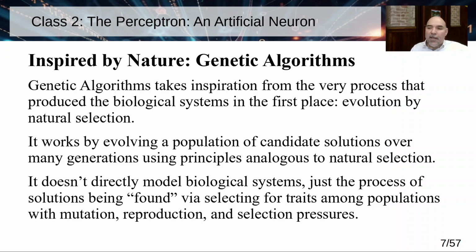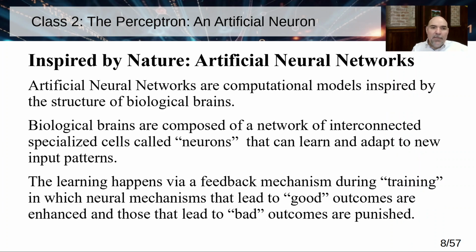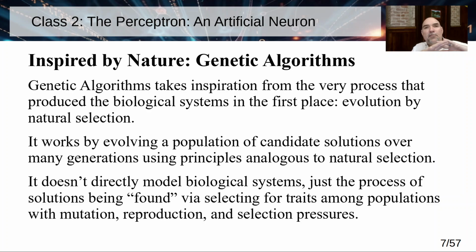pressures. So the concept here is that you start off with a bunch of random candidate solutions. Most of them don't do anything useful, but some of them do a little bit of something useful. You take those ones and they survive to the next generation. You recombine them with each other. You add some mutations so they change a little bit, and then you do that process again.